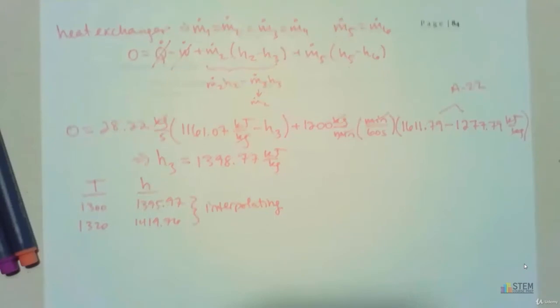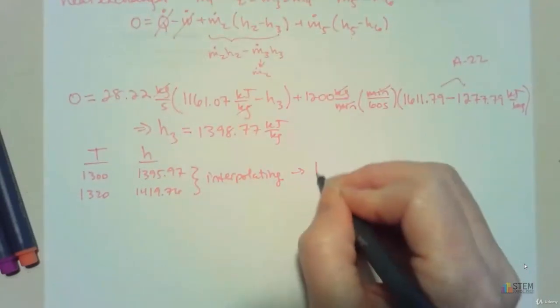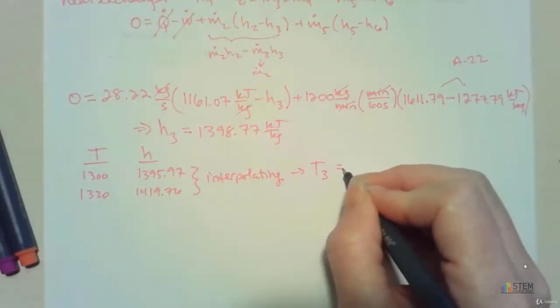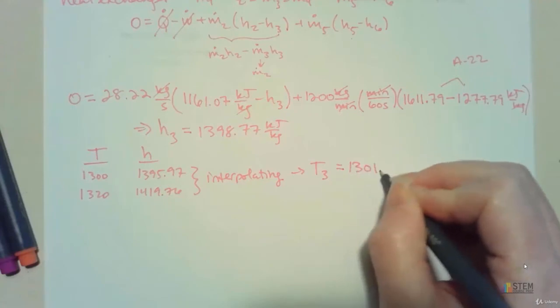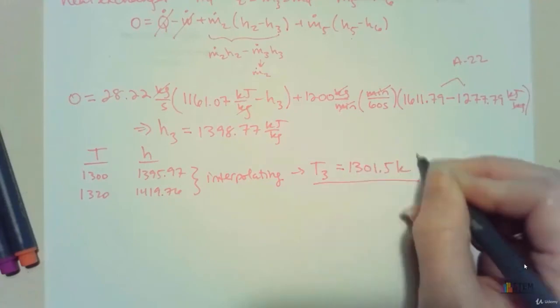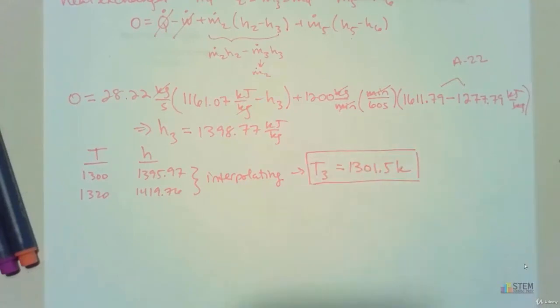So if you interpolate, what you're going to get is T3, and you get 1301.5 kelvins. All right. So that's pretty interesting, right? We were able to find our temperature using two different control volumes and our control volume energy balance equation. Now that took care of part A.